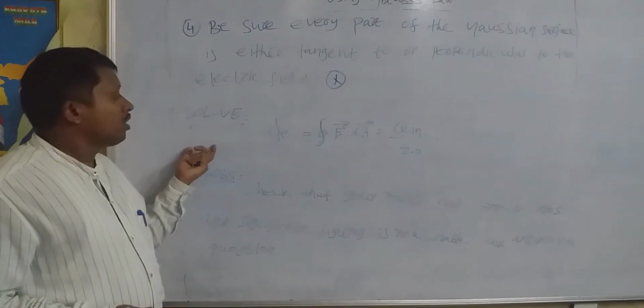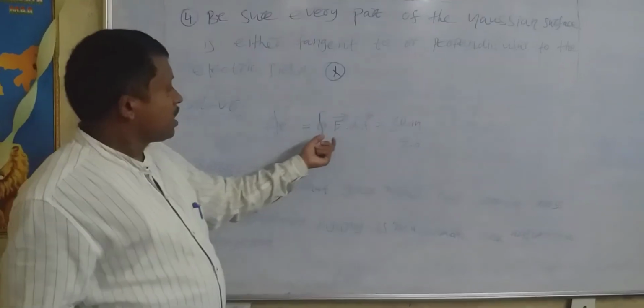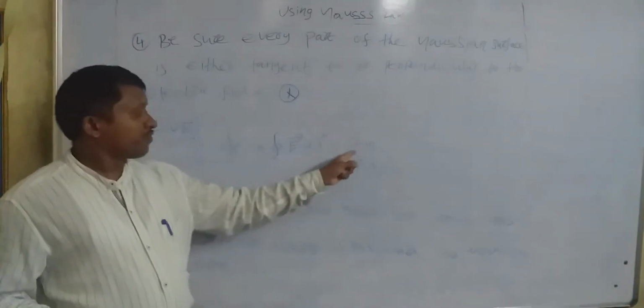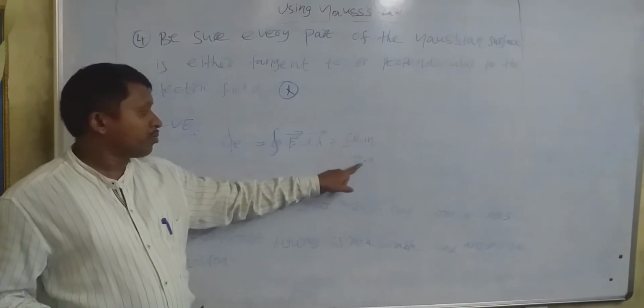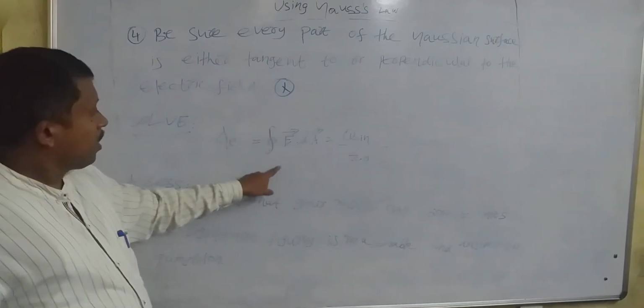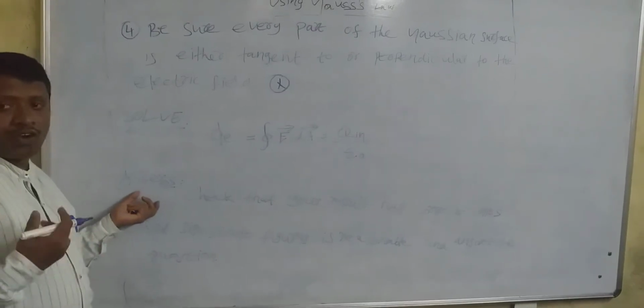How do we solve? Using Gauss's law, we already know the flux is equal to the closed surface integral of E vector dot dA vector, which is equal to the total charge enclosed by the surface divided by epsilon 0. This is the mathematical equation. Then we solve, and then we assess whether our answer is right or wrong.